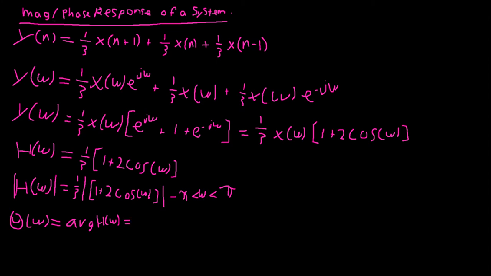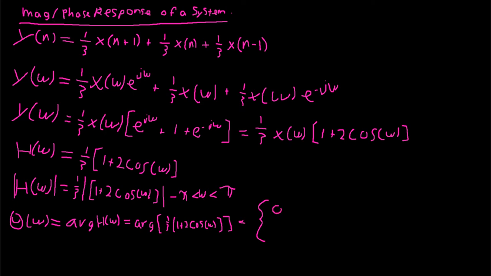So what this means is we're going to do arg of 1/3 times 1 plus 2 cosine w. Essentially what this is going to come out to is our phase response.